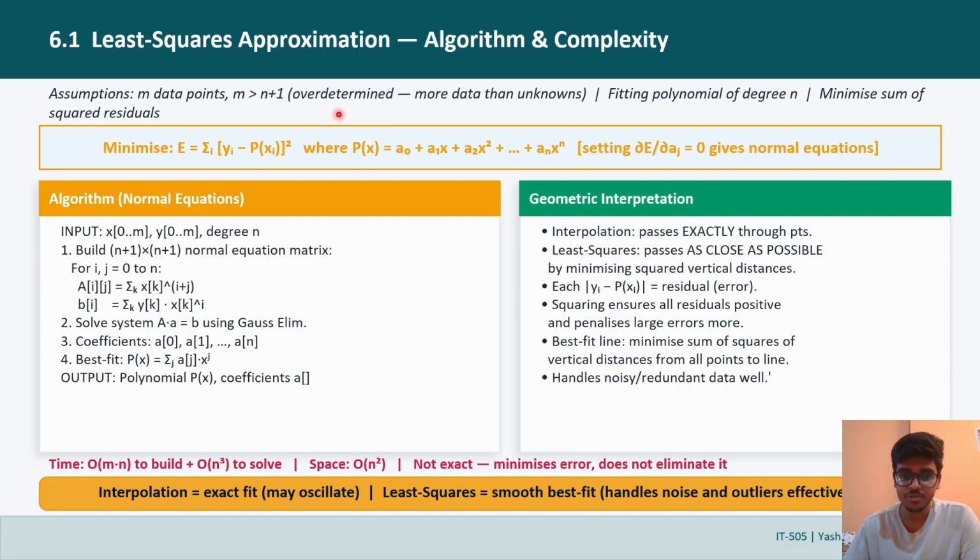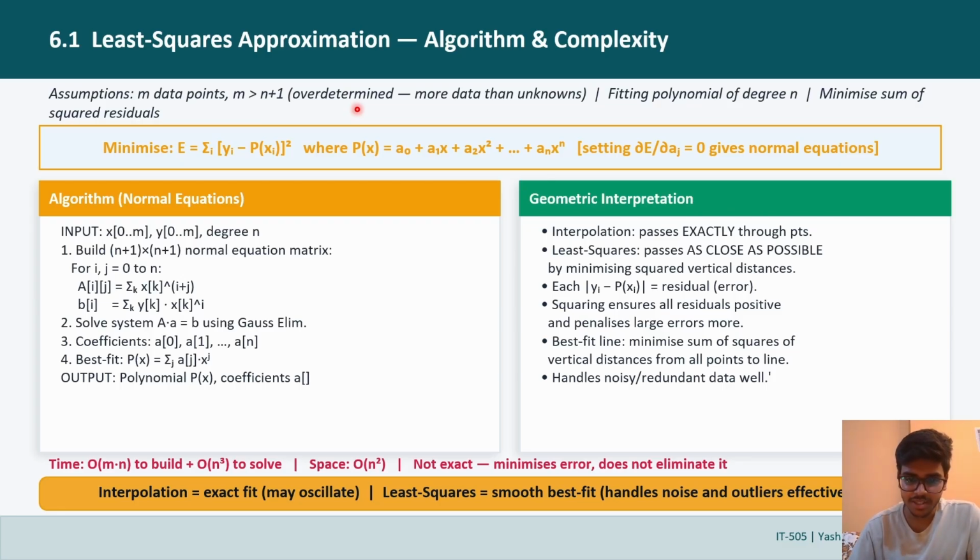Our objective is to minimize E equals the sum of (yi minus p of xi) squared over all i, where p of x is our polynomial. Setting the partial derivative of E with respect to each coefficient aj to 0 gives the normal equations. Algorithm: build the n plus 1 by n plus 1 normal equation matrix.